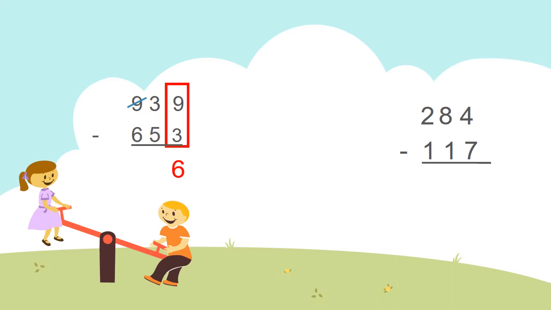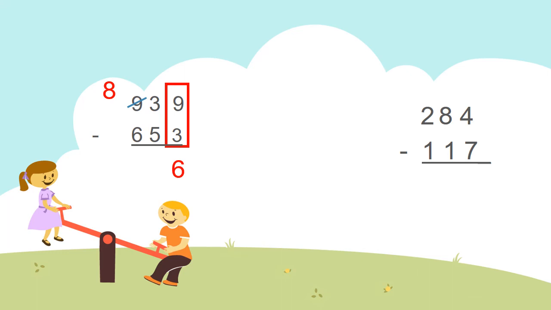3 minus 5. I have 3. Get out 3 on your fingers. Can you take 5? No. So you're going to take from where? From your hundreds. The hundreds became 8. How about this one that we took from the hundreds? What did we do with it? Yes, we divided it into 10 tens.